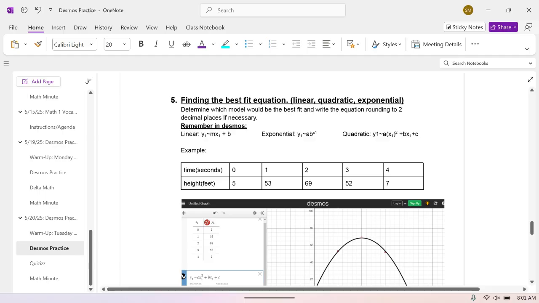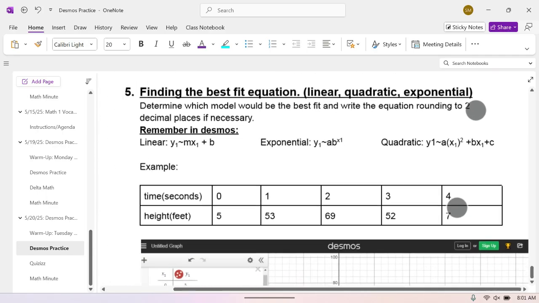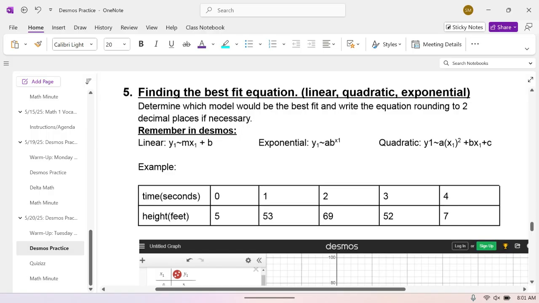So the last thing we had to talk about, this is number 5, was regression. All right. So here's the great thing about regression or best fit equations. It doesn't only work if it asks you to find the line of best fit. If they ask you to find an equation from a table, you can also use regression to do that.